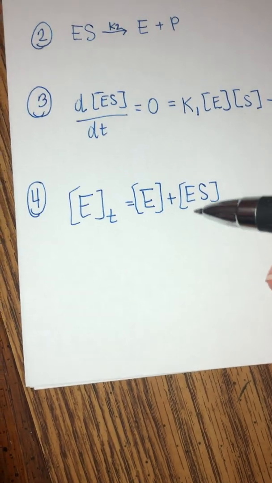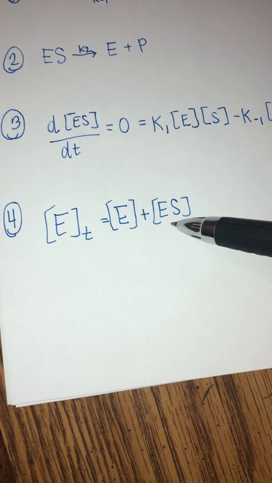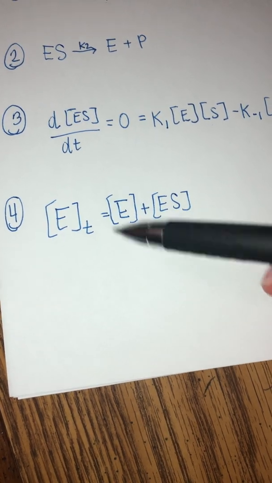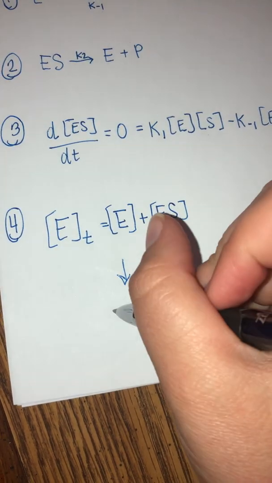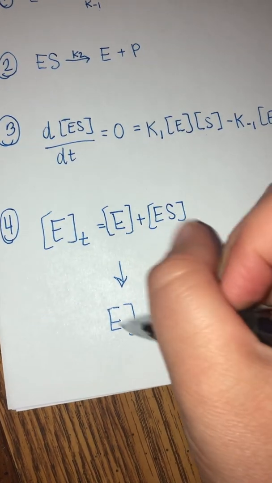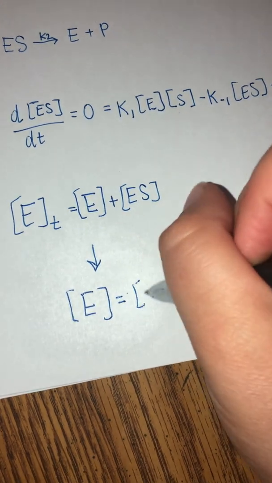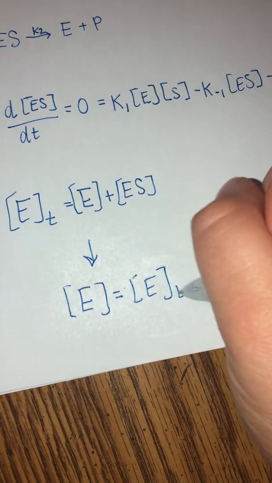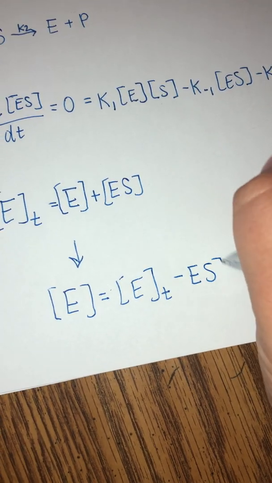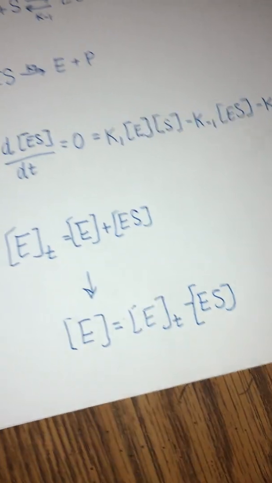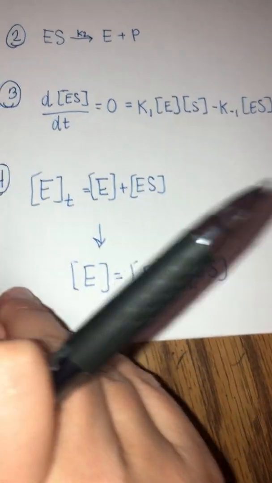Okay, and then we want to get E by itself to solve for it, so we can rewrite this by saying E is equal to E sub T minus ES. Okay, and we are going to use this later in our next step.